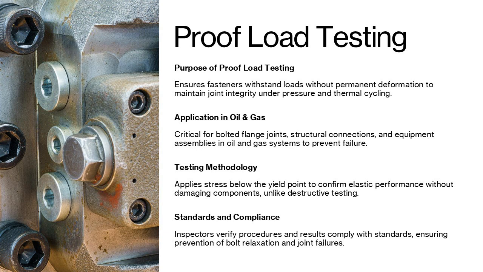Unlike destructive testing, proof load testing applies stress below the material's yield point, confirming elastic performance while preserving the component. Inspectors must verify that procedures follow applicable standards and that results demonstrate compliance with project specifications. Properly conducted proof load tests help prevent bolt relaxation, leakage, or catastrophic joint failures in pressure-containing systems.